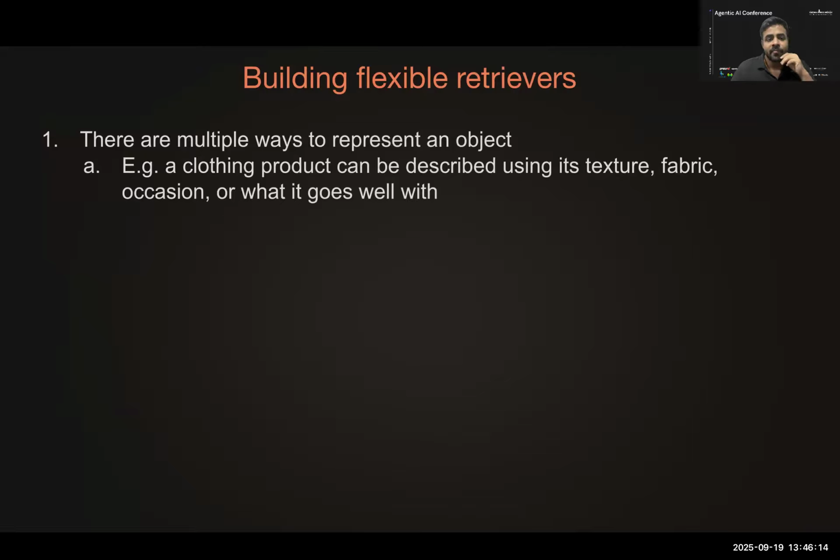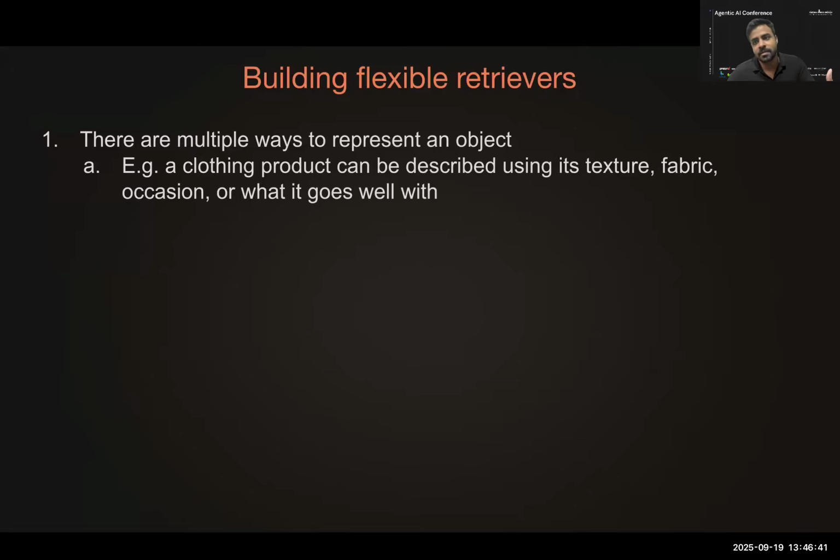So one idea is there are multiple ways to represent an object. Let's say, as mentioned here, you're building an online clothing store. There are so many ways to represent a clothing item. Right? You can use its texture, brand, fabric, occasion, like what it's for, maybe it's business casual or party wear or something like that, or what it goes well with, right?